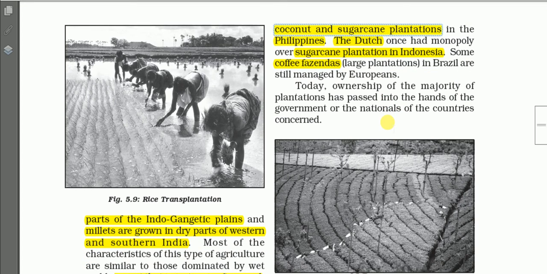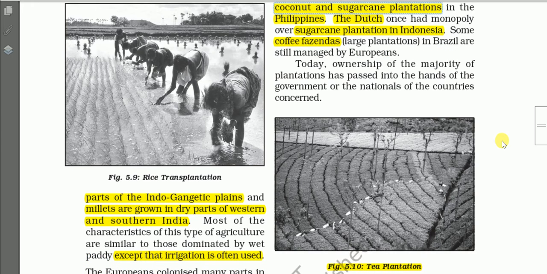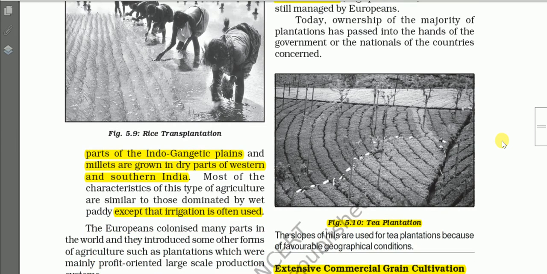Today, ownership of the majority of plantations has passed into the hands of the government or the nationals of the countries concerned. Nowadays, most of the plantations are run and managed by the respective countries and their nationals.